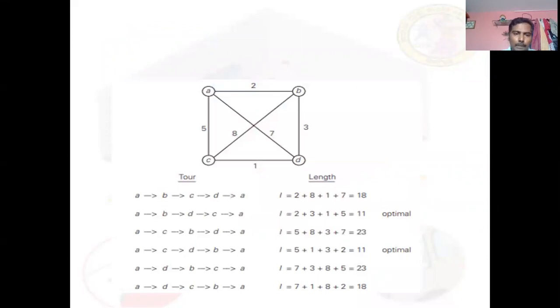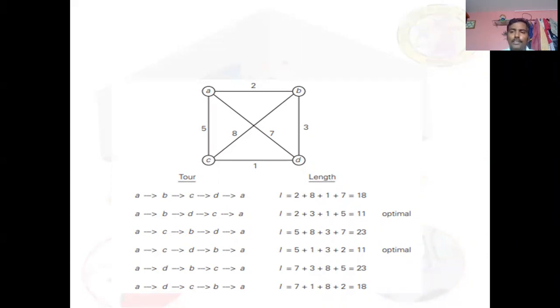For example, in this graph, assume there was one more vertex, say E, somewhere on the paper, and E is not connected to any of the vertices A, B, C, D. Now, from A, I can traverse to any of the cities B, C, D, but I can't traverse to E, because E is not connected to any of the cities.